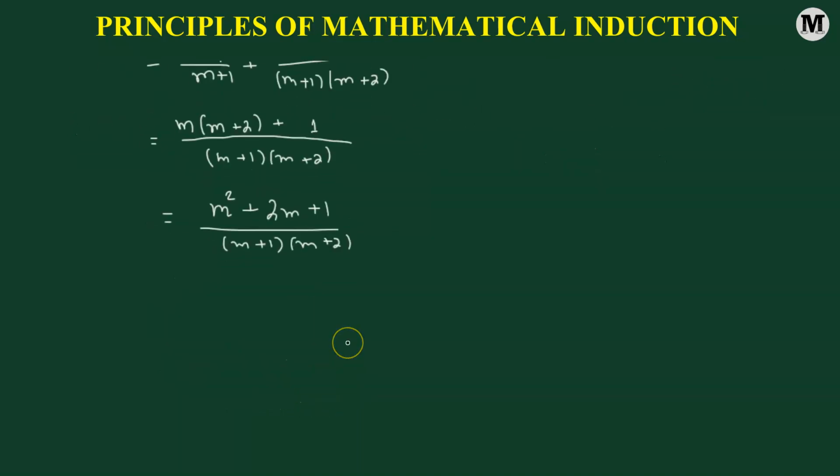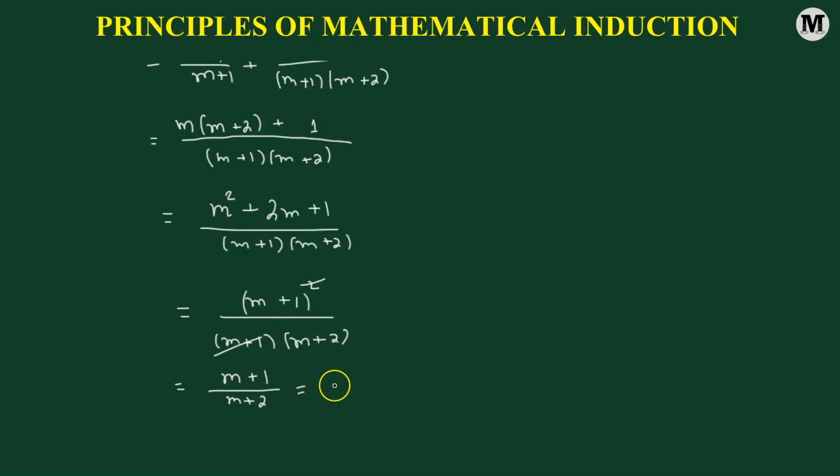Now we can rewrite the numerator as m plus 1 whole squared. We are using completing the square here. We have m plus 1 whole squared divided by m plus 1 multiplied by m plus 2. So let's factor out m plus 1 from the numerator and the denominator. That leaves us with m plus 1 divided by m plus 2.